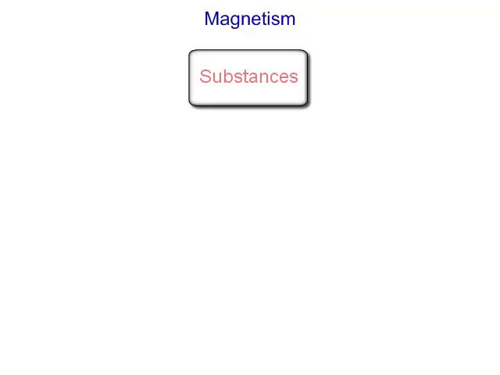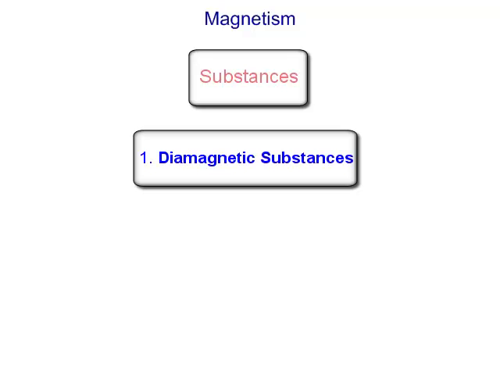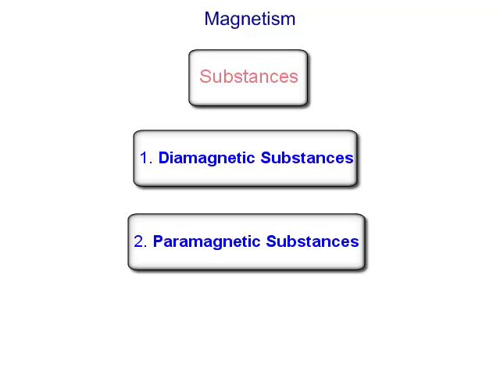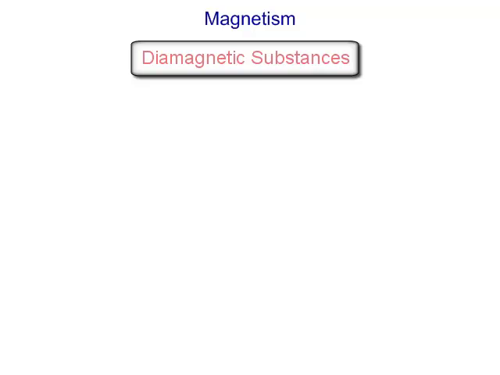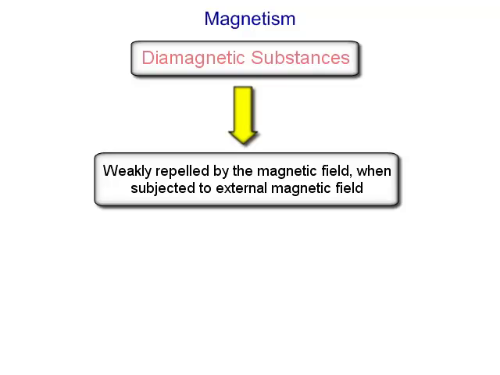The substances can be classified into three types: diamagnetic substances, paramagnetic substances, and ferromagnetic substances. Diamagnetic substances are the substances which are weakly repelled by the magnetic field when they are subjected to an external magnetic field.